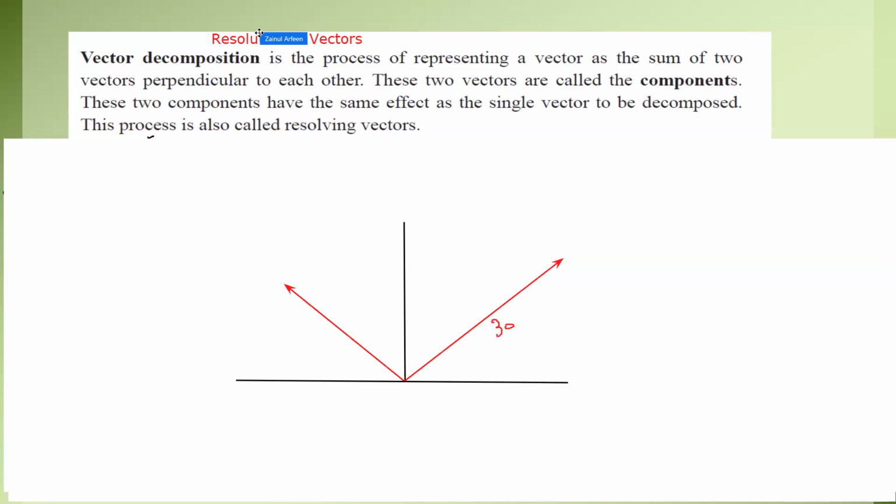This is 30 newtons and this one is 20 newtons. For this one, the angle is given as 45 degrees, and for this one, the angle is given as 30 degrees or 40 degrees.